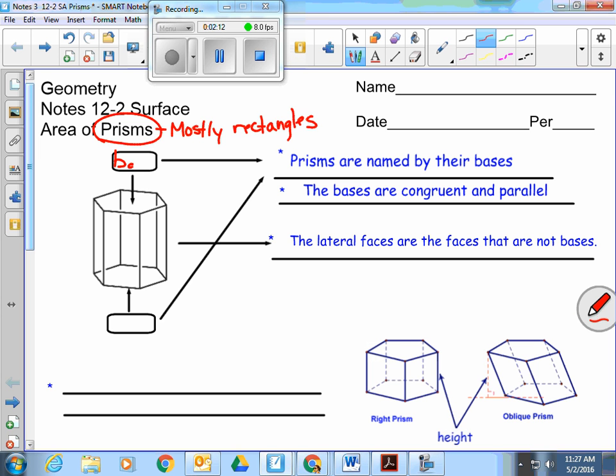And then these two right here are going to be my bases. Notice that it's got mostly rectangles on it, right? And the shape that's not a rectangle, that's going to be your base.